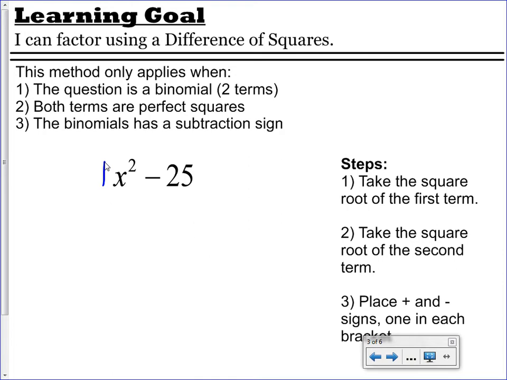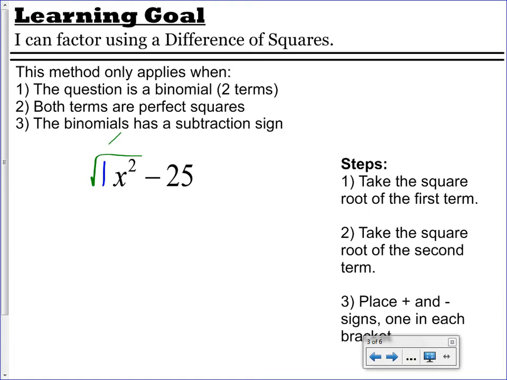Your steps when you are given two terms with a minus sign and both are perfect squares, you take the square root of the first term, which we have done, and that's what we practiced last week. What is the square root of 1x squared? Austin?